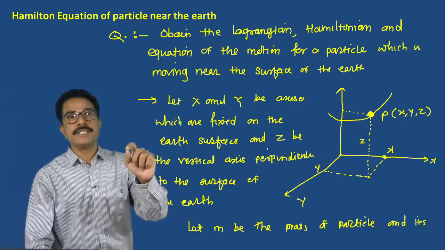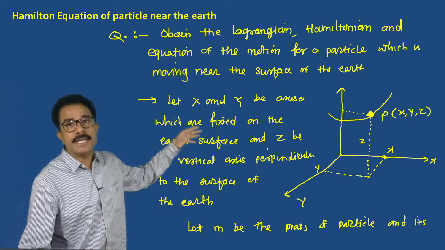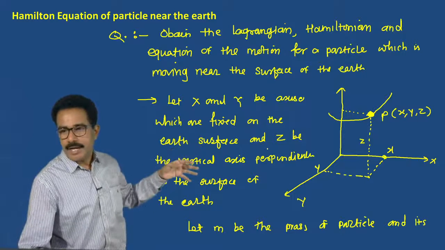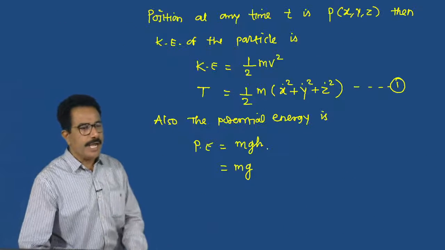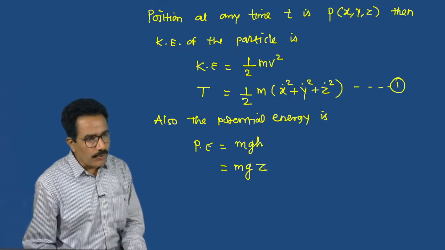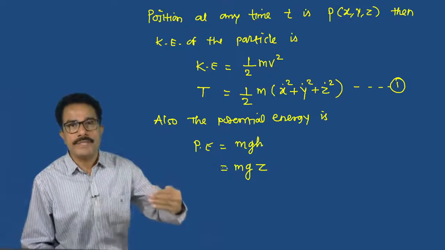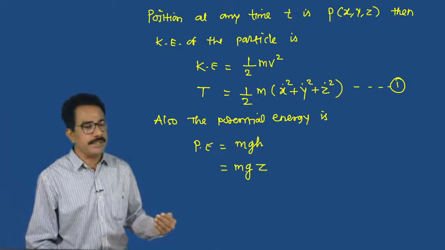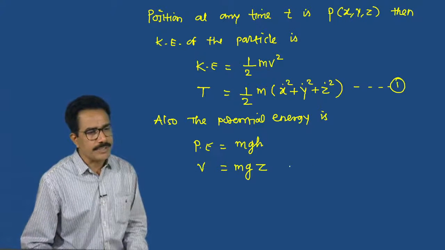In the generalized coordinate system, we can represent height as, very good, Anita Rajmane, very nice, height is z. So we can write the potential energy in the form of generalized coordinate as mgz. It is denoted by V. Suppose this is equation number 2.